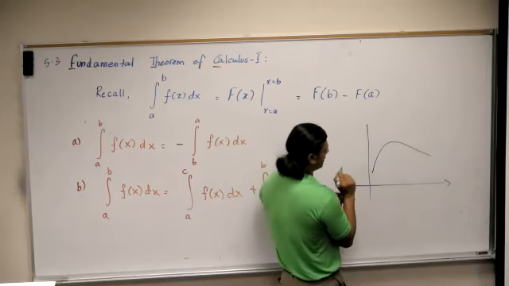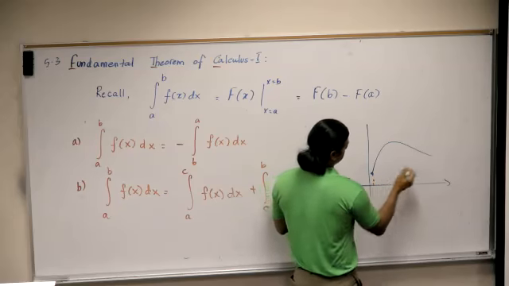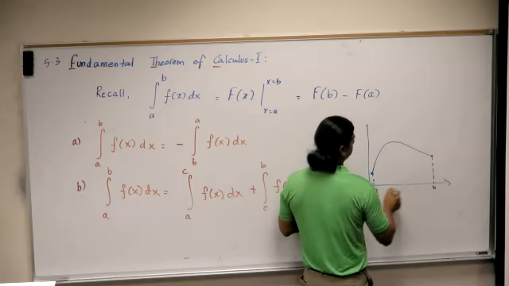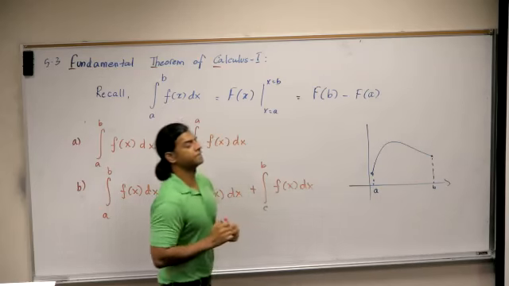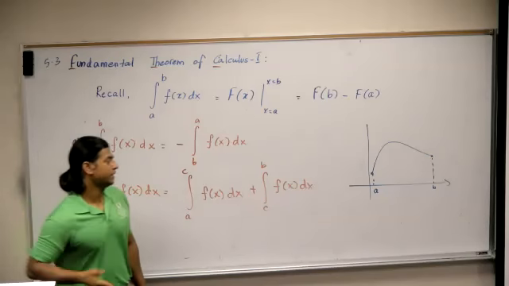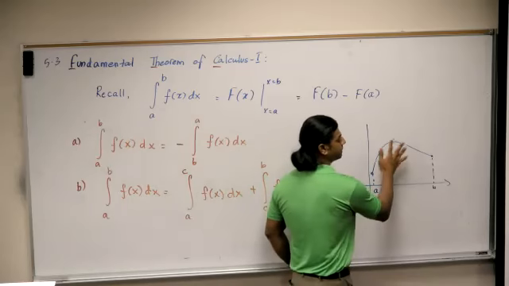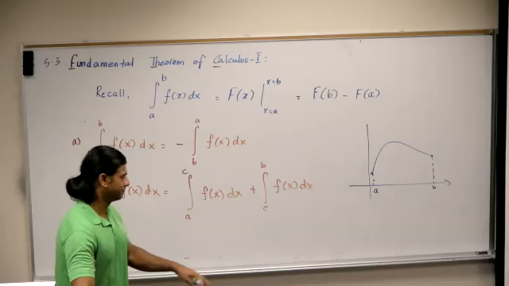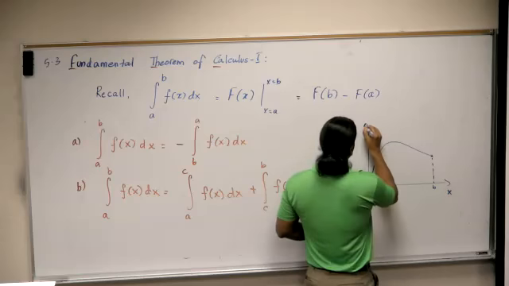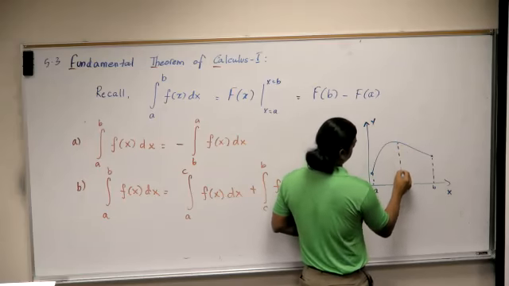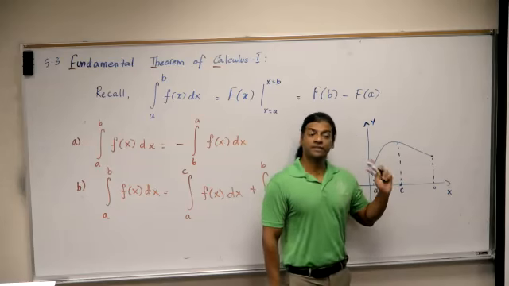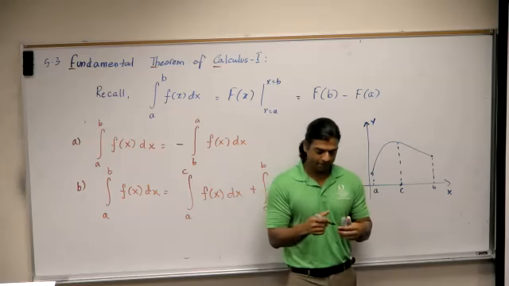So suppose I have some curve and I want to find the entire area under that curve. In other words, a shaded part over here, or about to be shaded part. I can arbitrarily pick a point c between a and b.